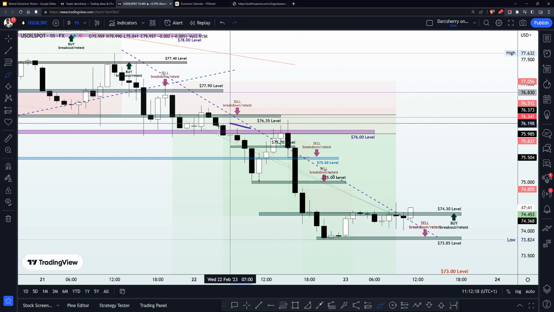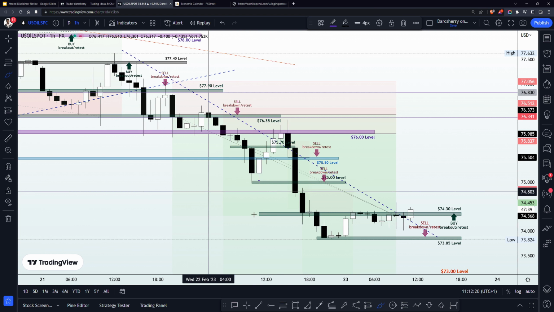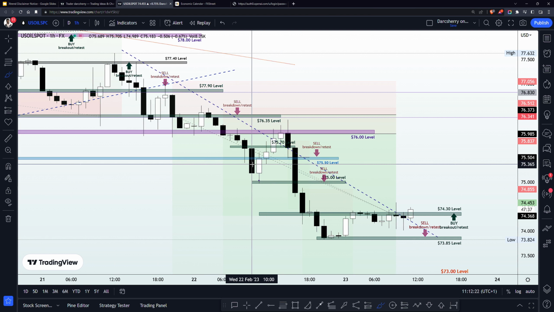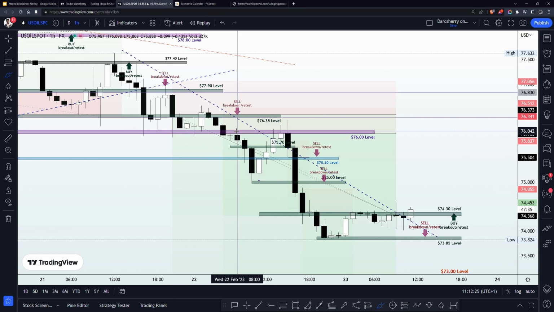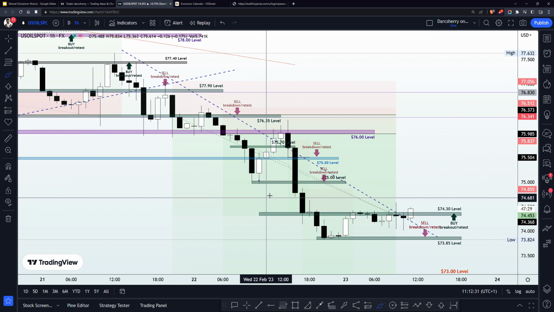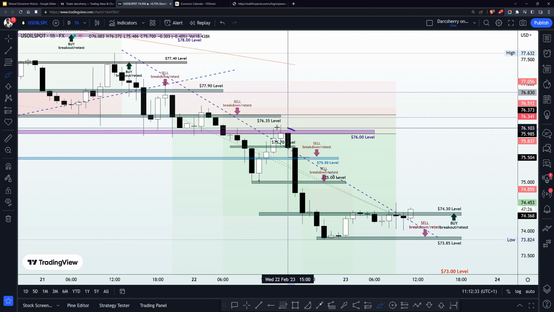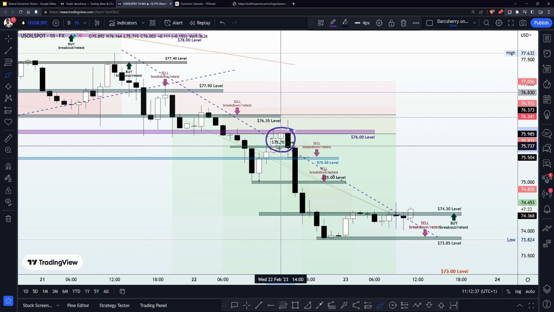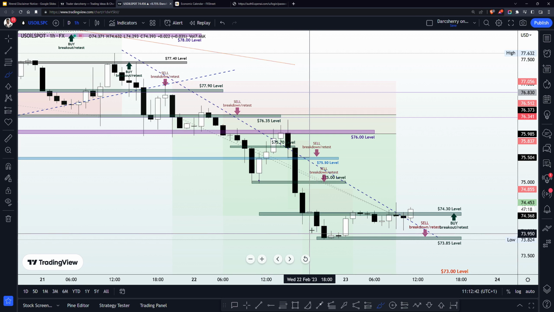And since we had the breakdown of the $76.30 level, for those who had missed out on that opportunity, I laid emphasis here that we might likely see price action give us another chance to join that decline, and this might likely come in the form of a retest of the structure, which is exactly what happened 2 hours into the New York session yesterday, and boom, price action dropped significantly well.